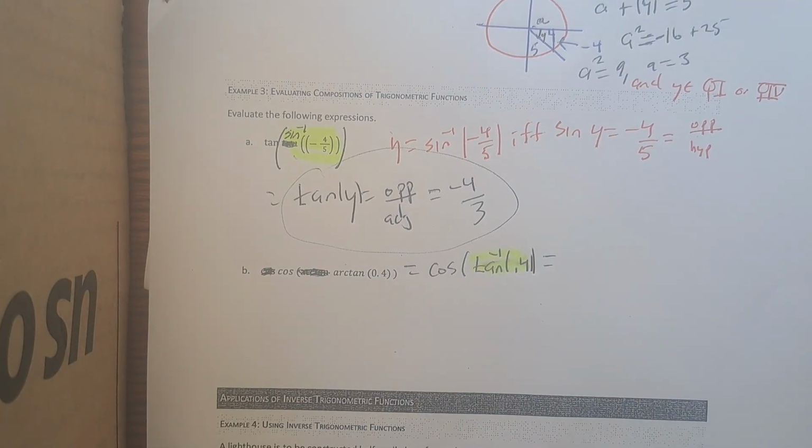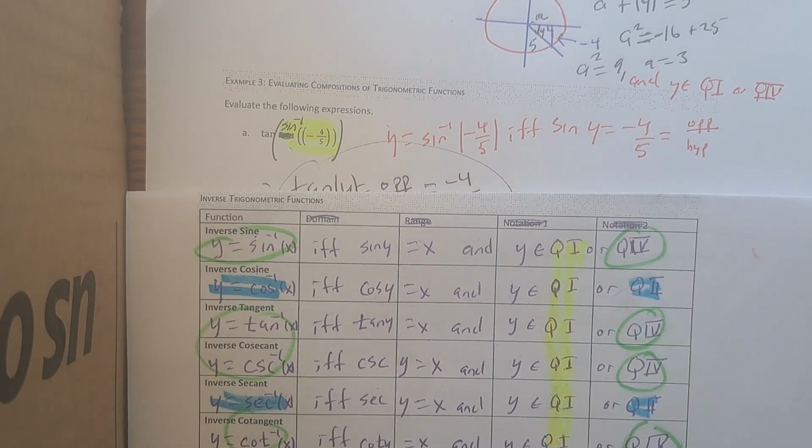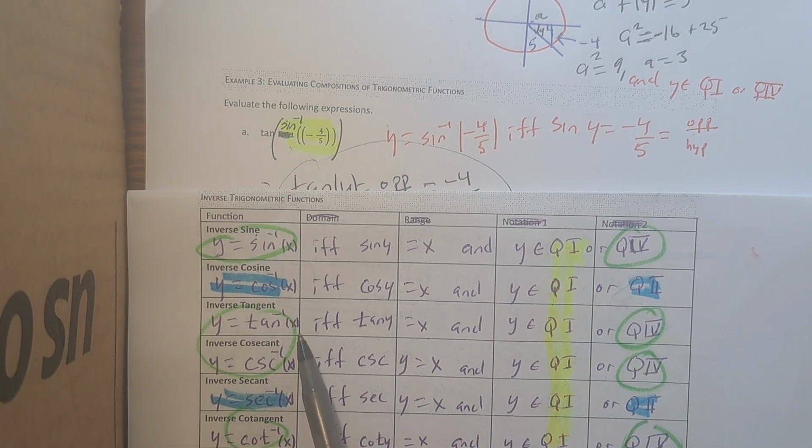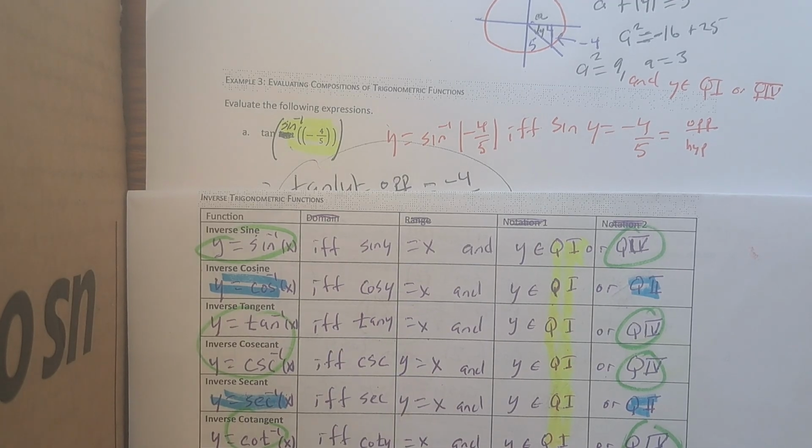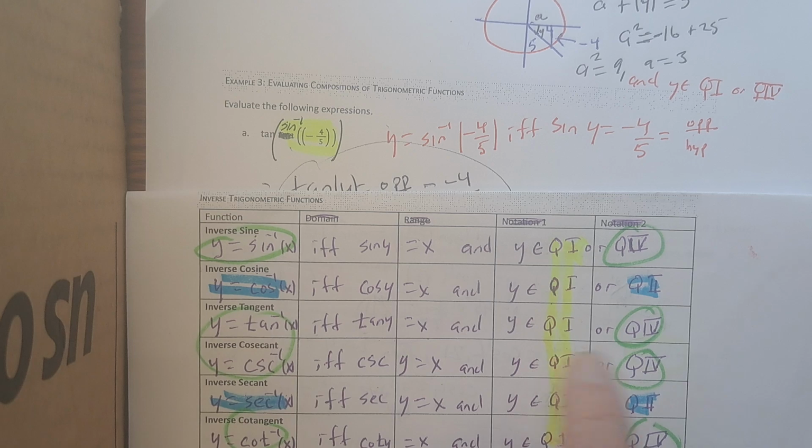So I go to my inverse tangent definition and use the fact that y is the inverse tangent of x if and only if the tangent of y is equal to x, and y comes from quadrant 1 or quadrant 4.